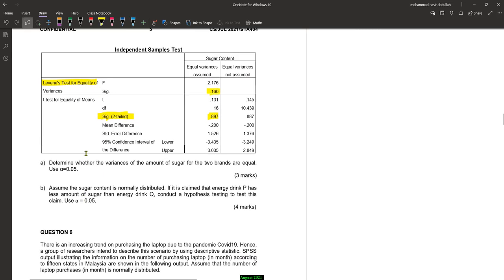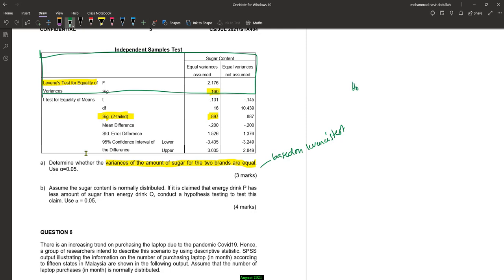So determine whether the variance of the amount of sugar for the 2 brands are equal. So based on Levene's test, we look at the first one. Null hypothesis, the variances are equal.